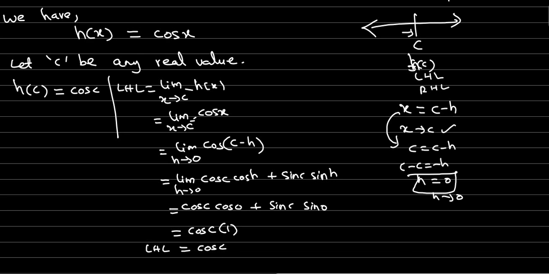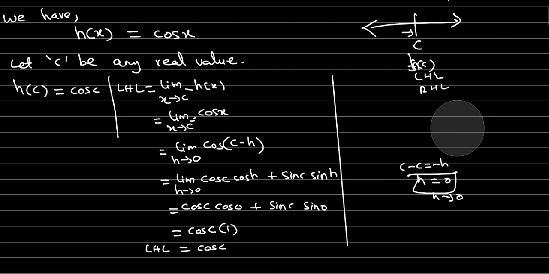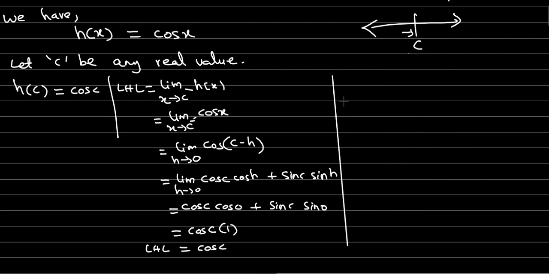Now similarly we find the right hand limit. The limit as x approaches c from the right side of h of x. What is h of x here? h of x is cos x. Our right side close values are approximately c but greater than c, so there will be a small difference.